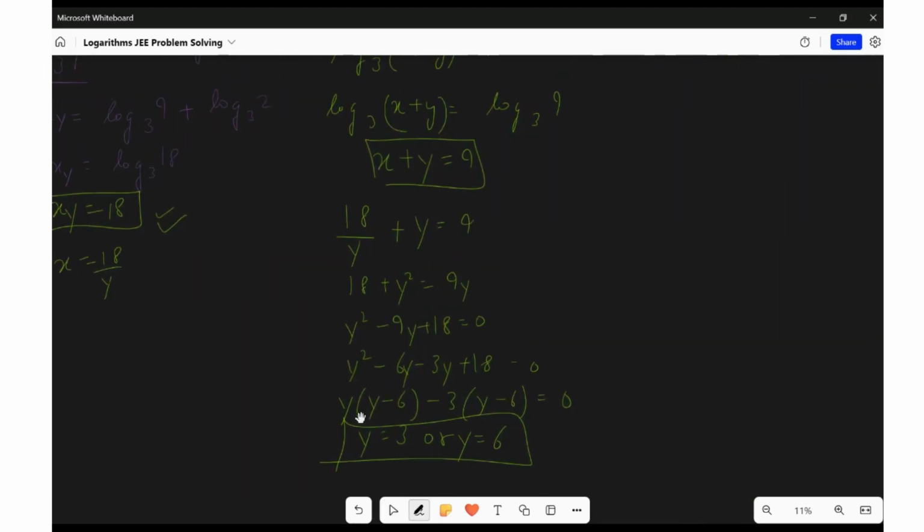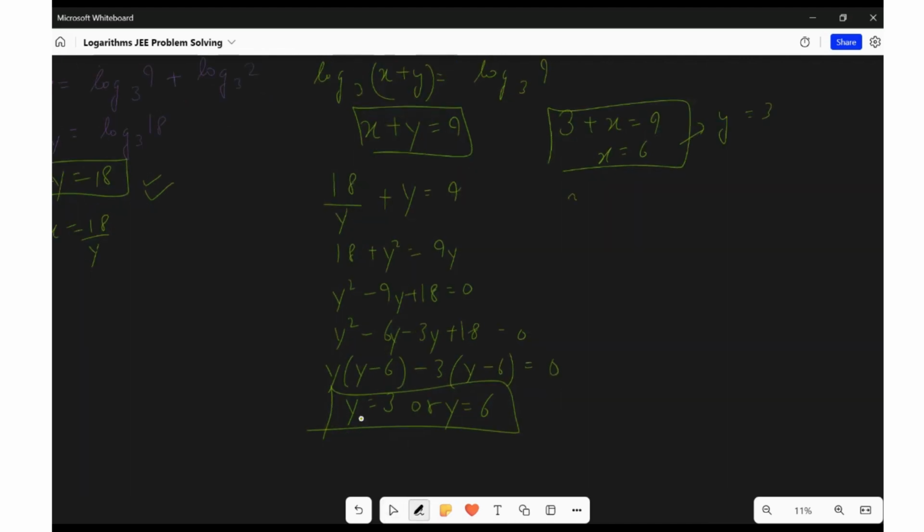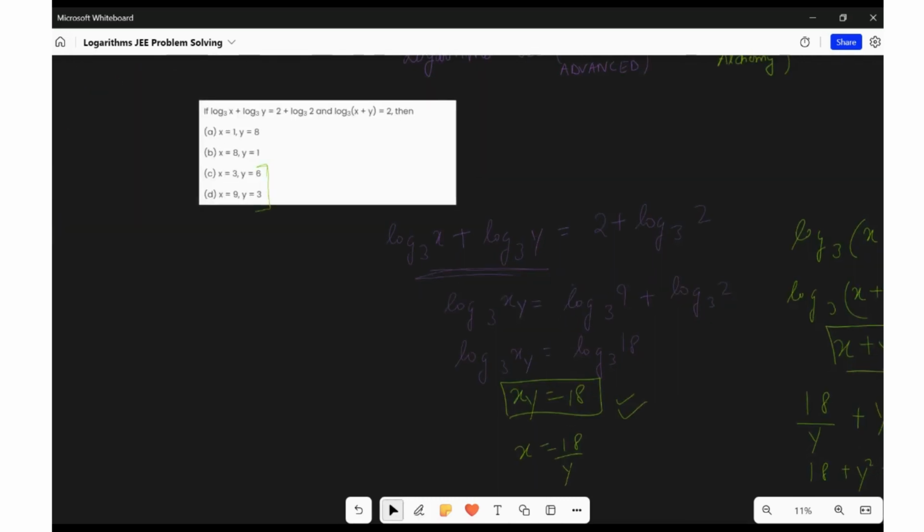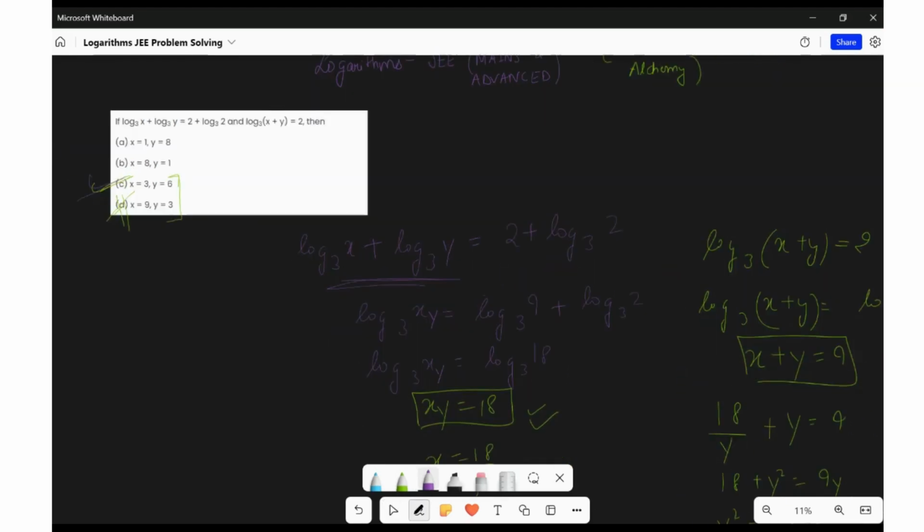So if y is 3, then x is 6. And if y is 6, then x is 3. Alright, so let's see which is the most appropriate answer. If y is 3, x is not 9. So option D is eliminated. Option C is the most appropriate and the correct answer. So in this problem, our correct answer is option C, x is 3 and y is 6.